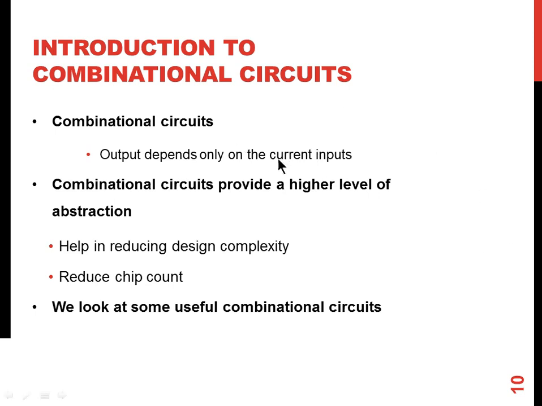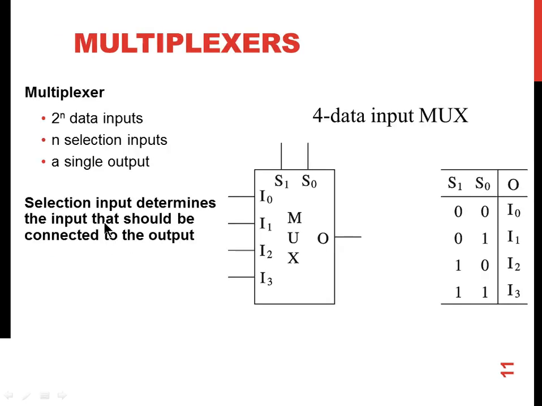The current input generates the current output based on the function of the circuit. It provides a higher level of abstraction compared to transistor design. So gates are one level above CMOS transistor design, and designing using a language like Verilog is one level of abstraction above gates. So combinational circuits have an advantage over CMOS design.